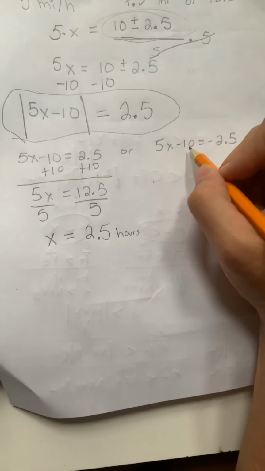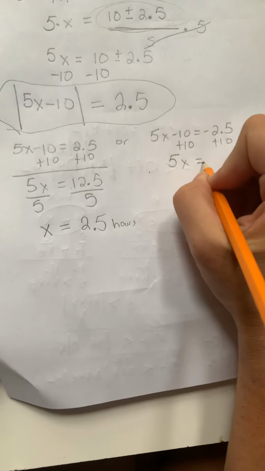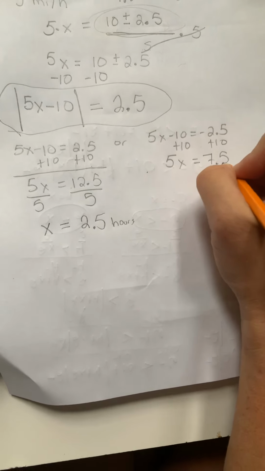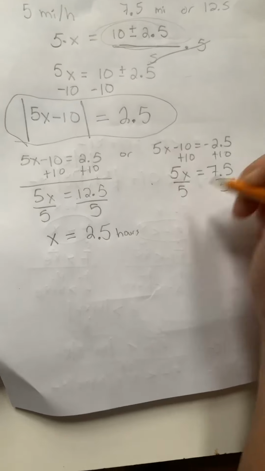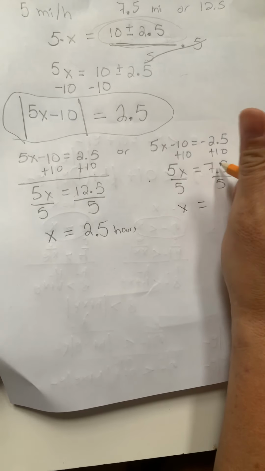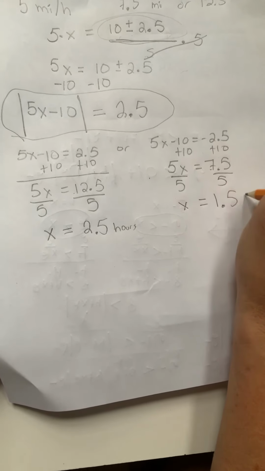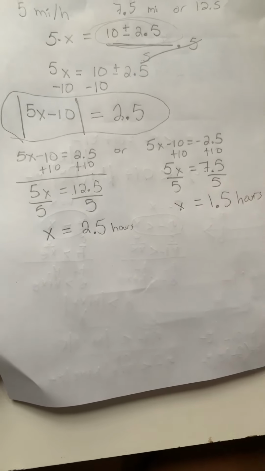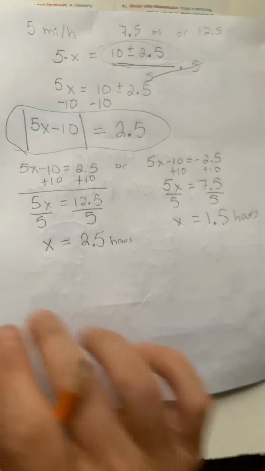On this side, if you did the same thing, when you add 10, you get 5x equals 7.5. Divide by the 5, and you get x equals 1.5 hours. And now let's look at the original.